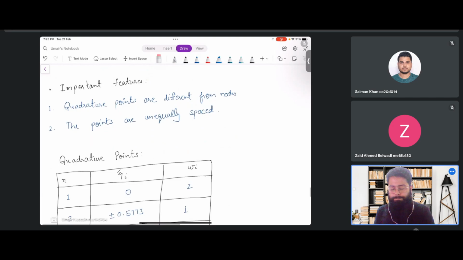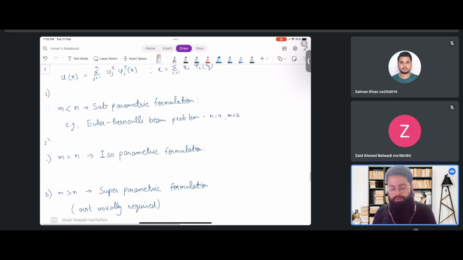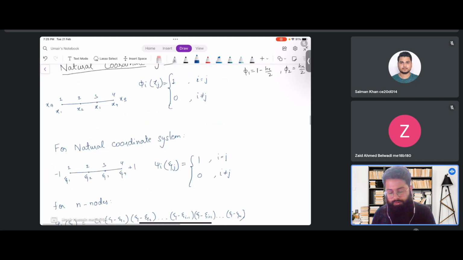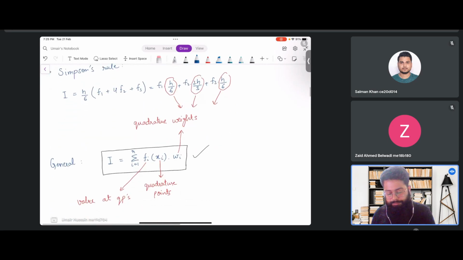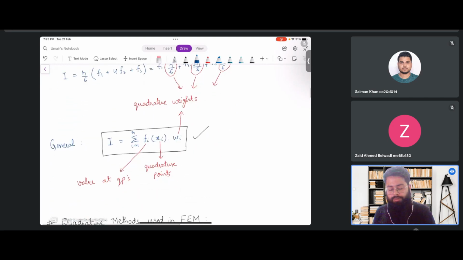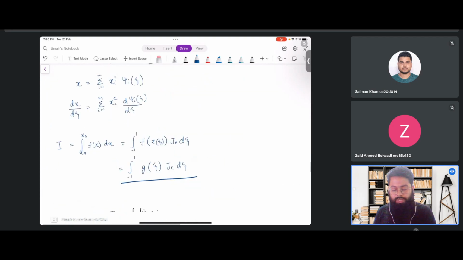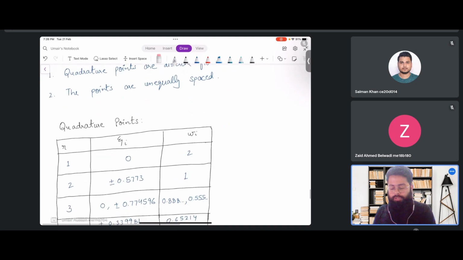That we'll see. Just like any generalized quadrature rule, we generalized a formula for that initially, this one right here. We use the same formula for calculating the integral using Gauss quadrature, but that rule has its own set of points and weights.